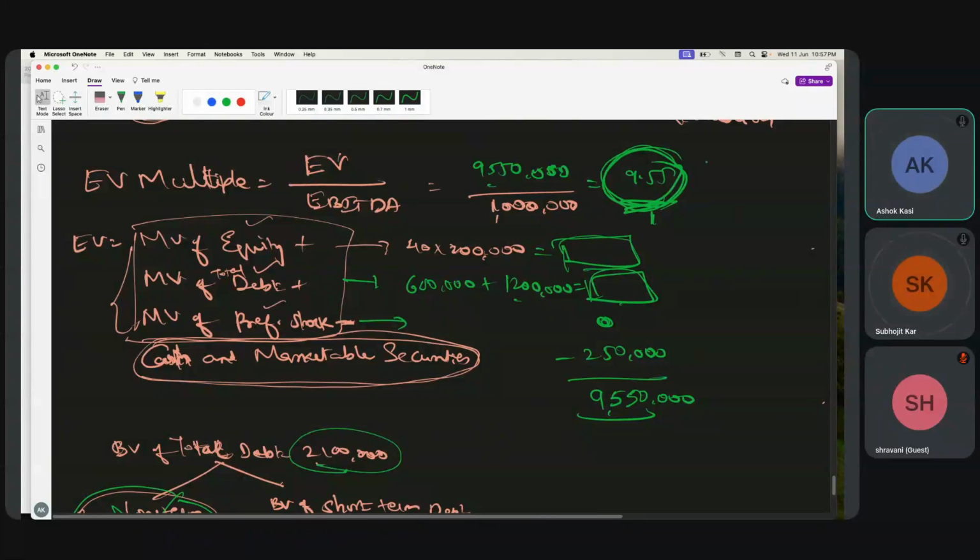Generally around 7, 8, companies pay. What does this mean? To earn 1 rupee, you are paying 9.5 rupees. That means after 9.5 years, this company is free for you. After 9.5 years, this company is totally free.